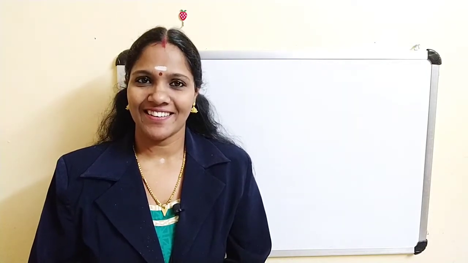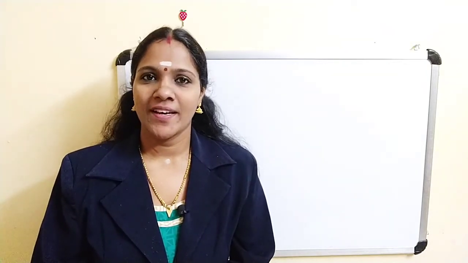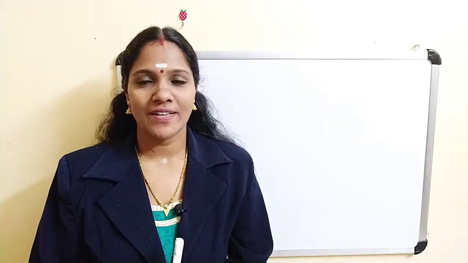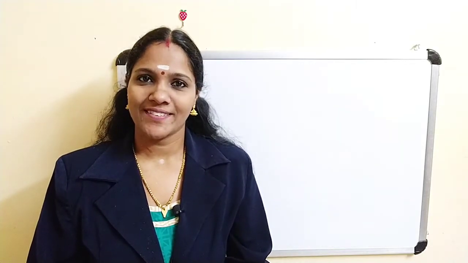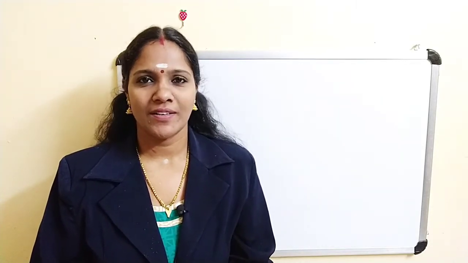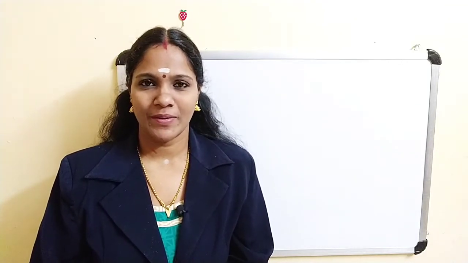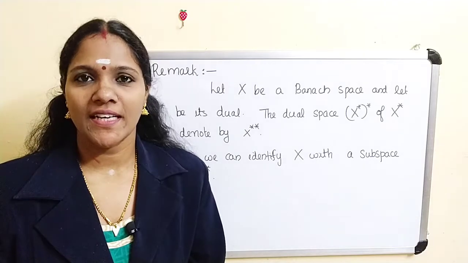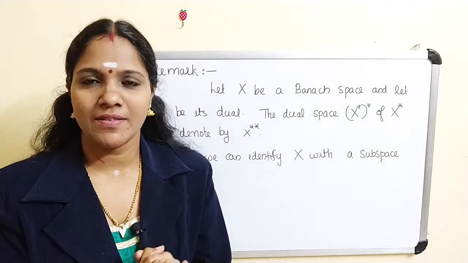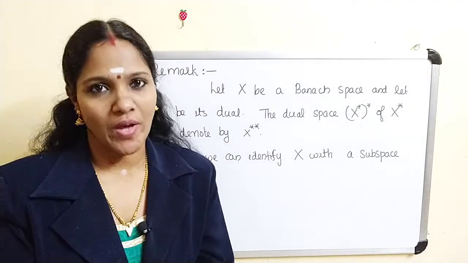In the last class, we discussed spaces, dual spaces and double dual, etc. Today we are going to discuss some remarks about dual spaces. The first remark says: let X be a normed space and X star be its dual.